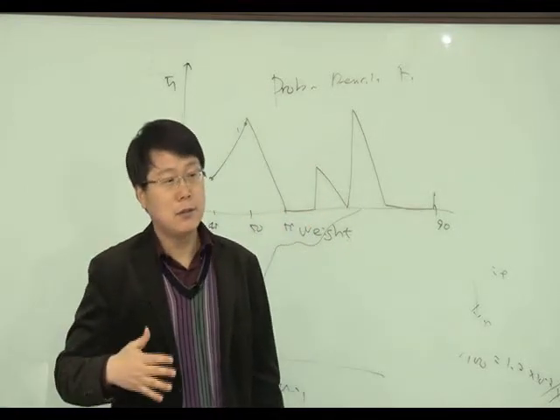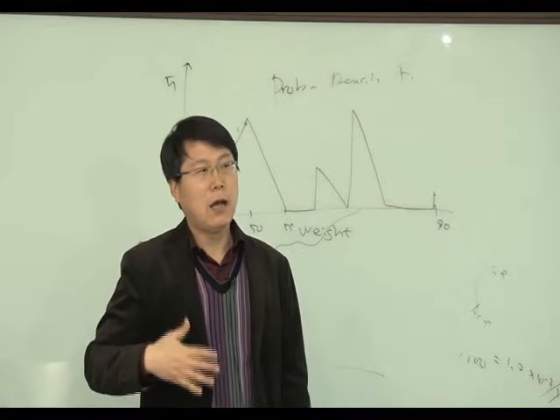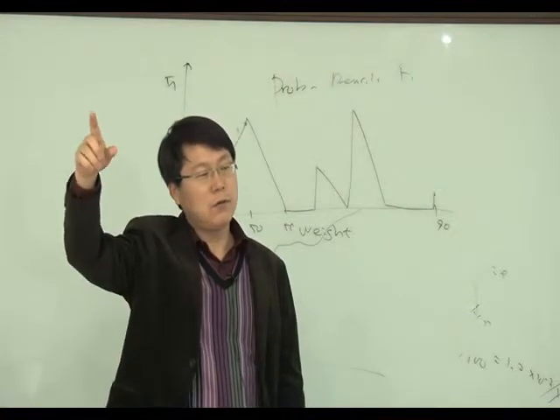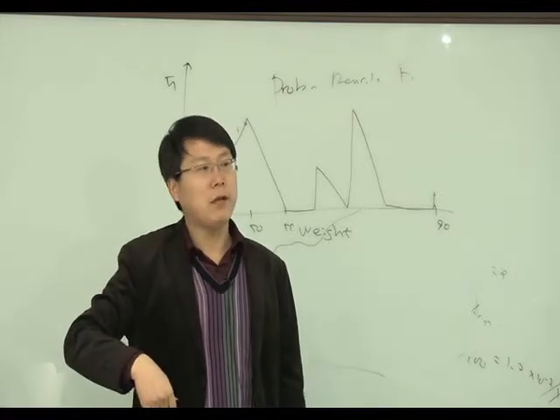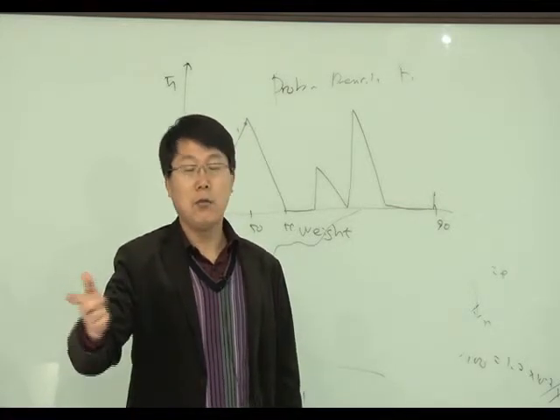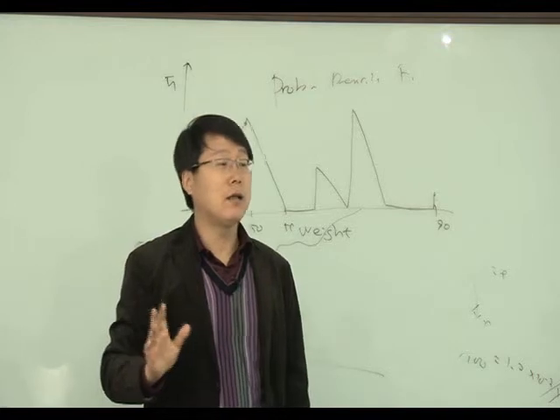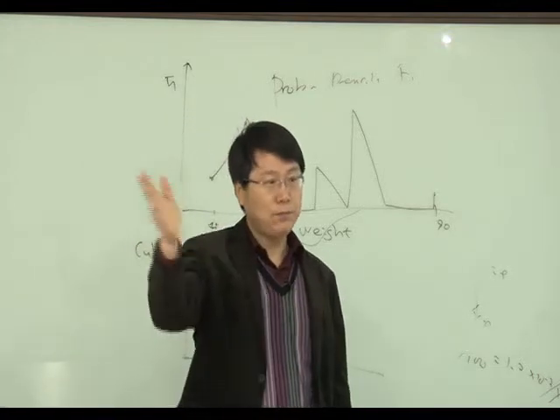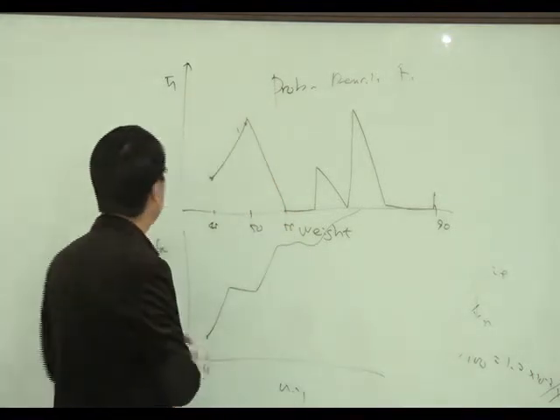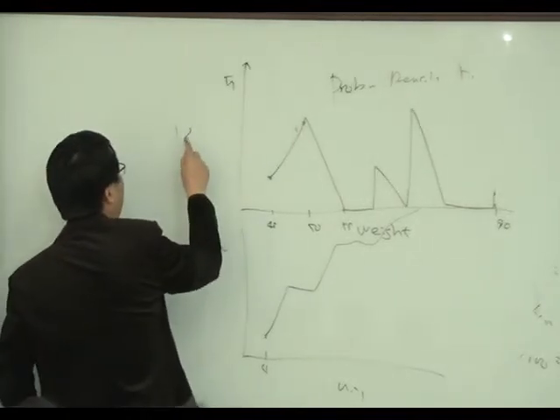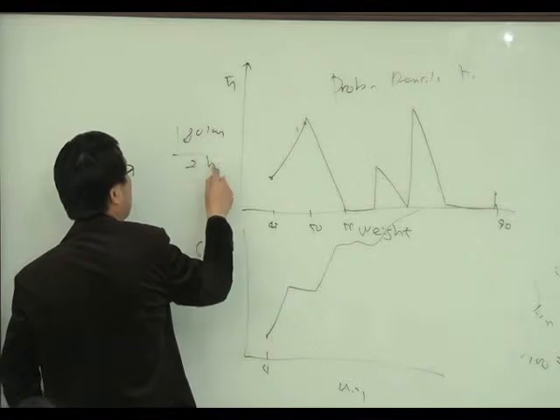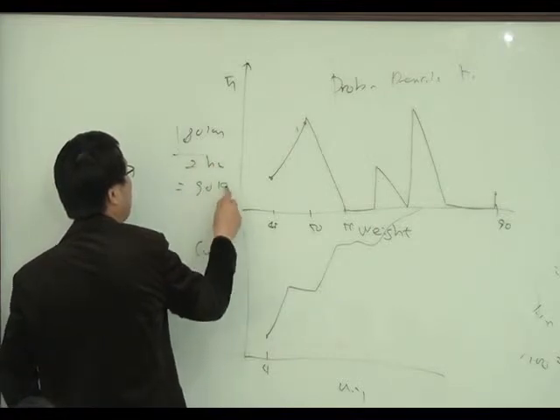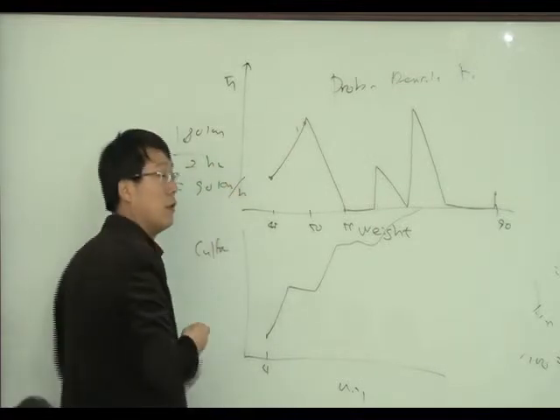Another simple way is, I know the distance from here to Seoul, and I know the time spent driving. If I divide the whole, 180 kilometers in 2 hours, that means it's 90 kilometers per hour.